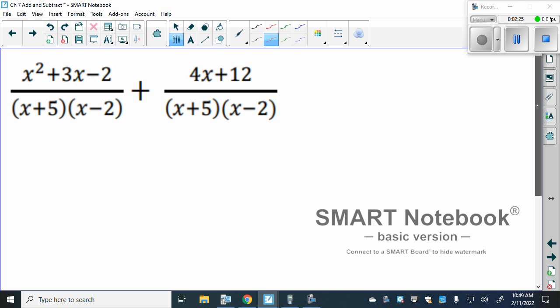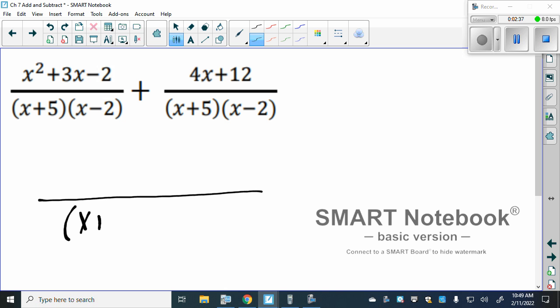Again, they already gave us the denominators as the exact same thing, which is nice because that means we can add the numerators together. And the denominator is going to stay x plus 5 times x minus 2. And we can add the numerators.